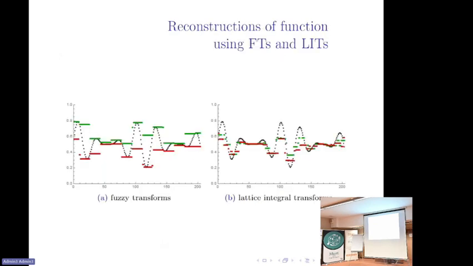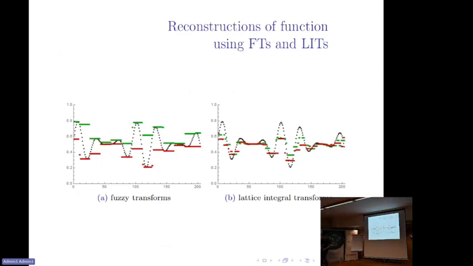Here, just to illustrate, the comparison between lattice fuzzy transforms and lattice integral transforms looks like this. You can see that we get the upper and lower approximation using fuzzy transforms. But in the case of lattice integral transforms, we get something which is not upper and lower, which could, for example, determine some trend in a time series.